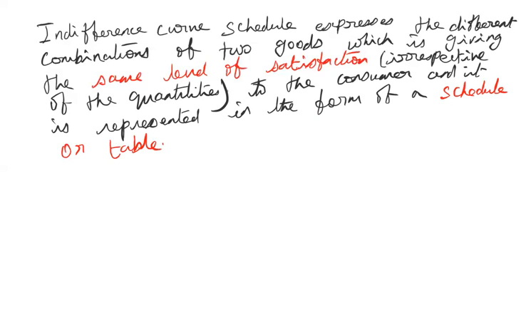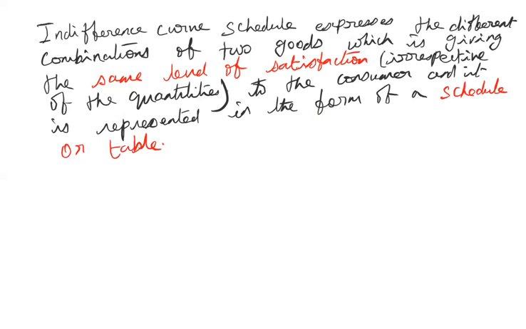Okay, so whatever we have drawn just now, that is the indifference schedule. So it expresses different combinations of 2 goods. That's what we have seen, isn't it? Which is giving the same level of satisfaction to the consumer, and we have represented it in the form of a schedule or a table.